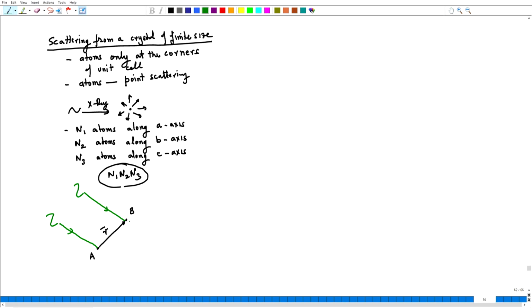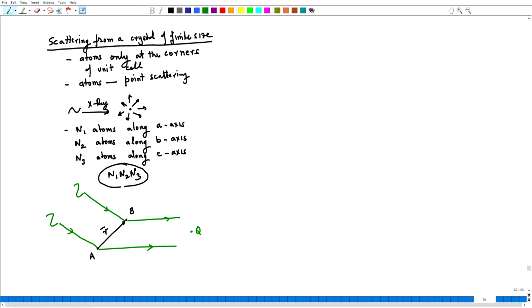And let us take a particular scattering direction like this, and then there is some point far away, a point Q, where I place the detector.